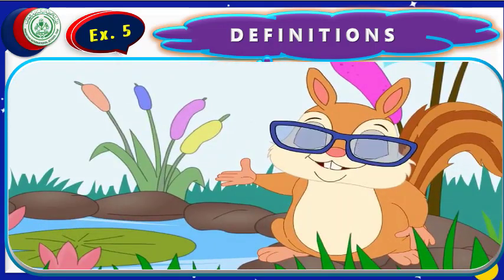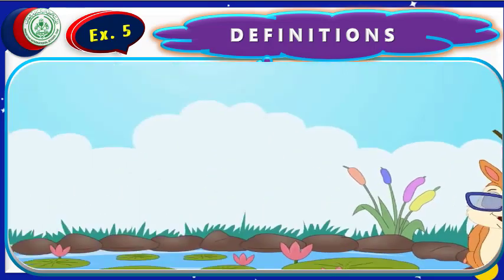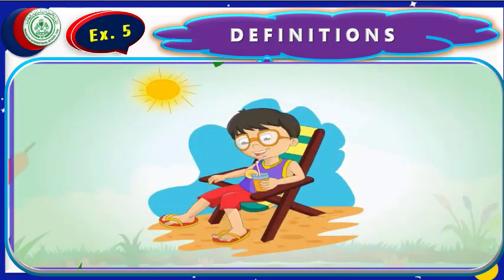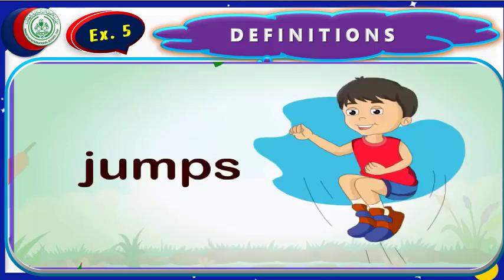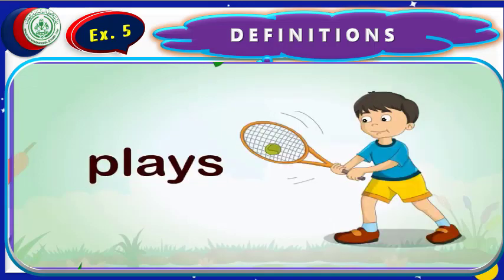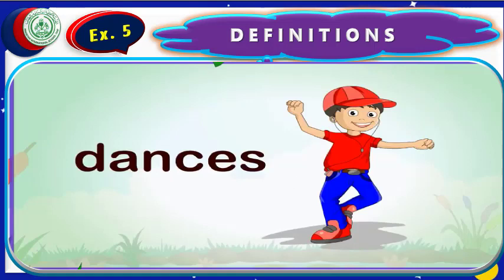Let us learn about action words, verbs. This is Ricky. Ricky is very active. He does a lot of things. Ricky jumps. He plays tennis. Ricky dances to his favorite music.